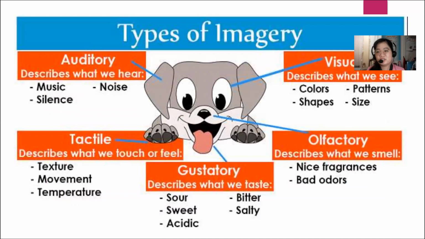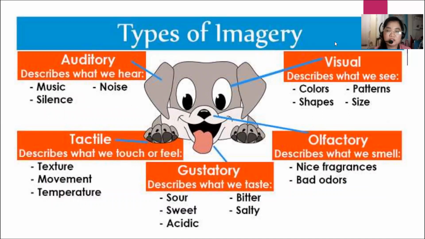Okay, so this is an infographic on the types of imagery. As you can see, in the eyes we have visuals, which describe what we see. So we can make use of visual imagery when we write. You can make use of colors, shapes, patterns, and sizes.